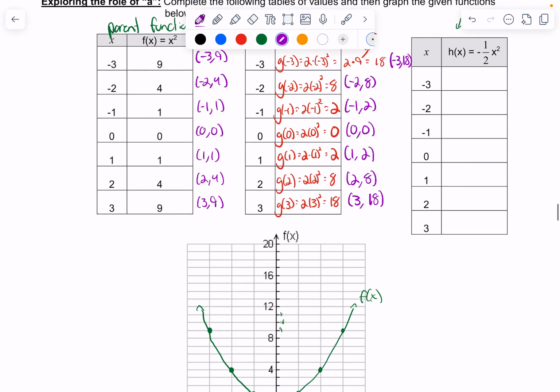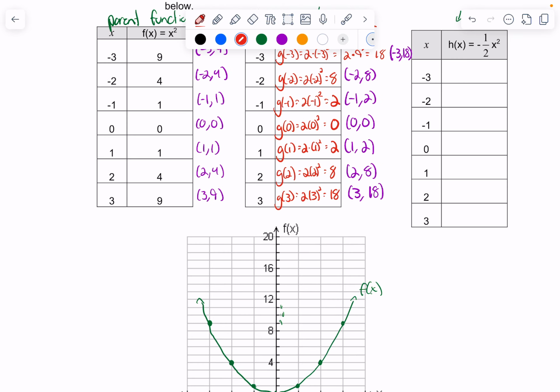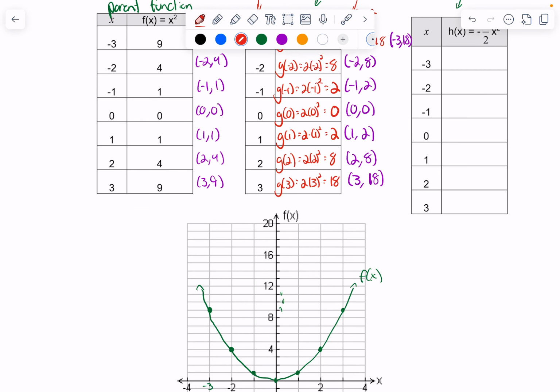Let's plot those points in red. The first one is negative 3 and 18, so that's right up here. Negative 2 and 8, that's right there.